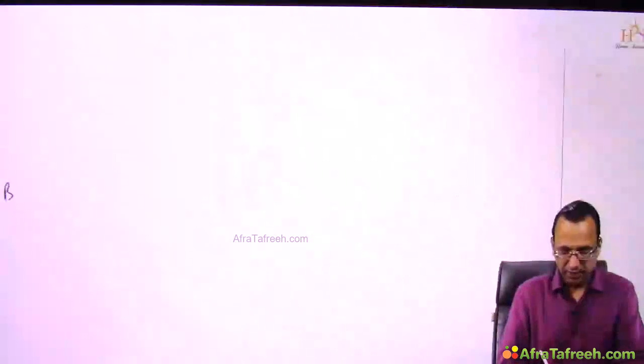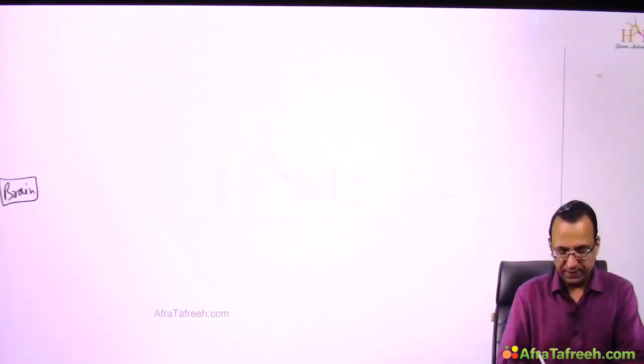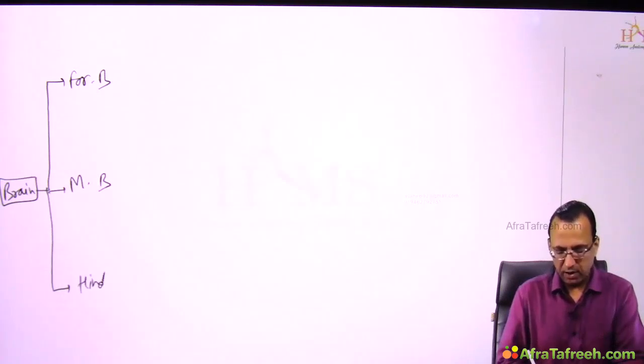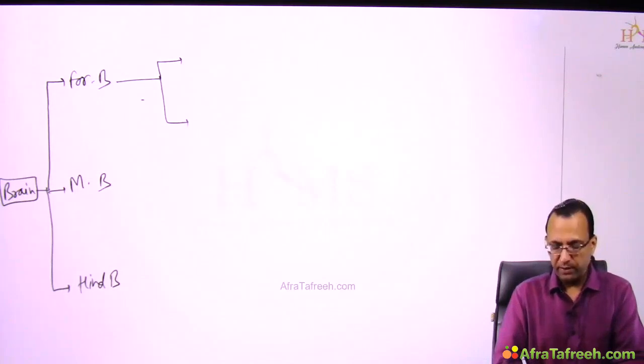See, in the beginning there is one brain vesicle. And then I have three brain vesicles, which are the forebrain, the midbrain, and then the hindbrain. Forebrain itself will divide into two: the telencephalon and the diencephalon.